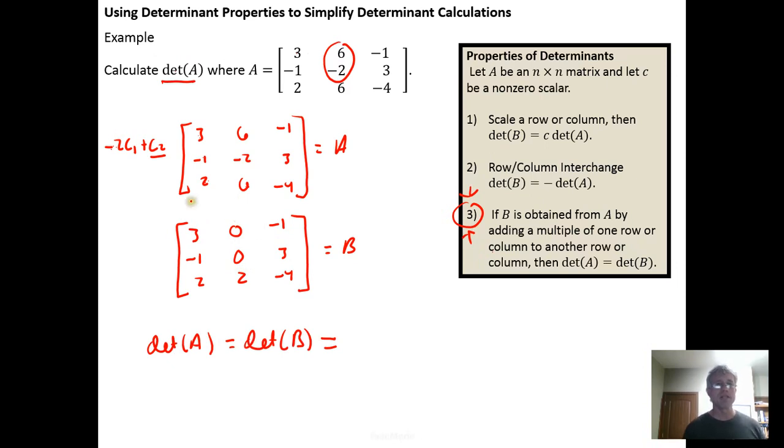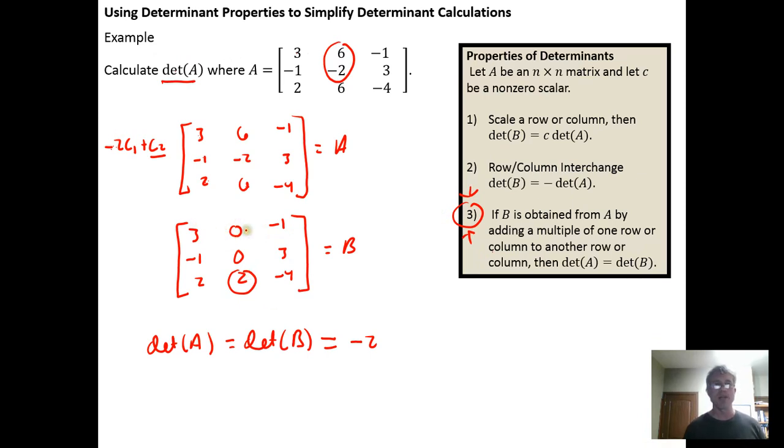Remember that the cofactors alternate signs, starting at positive, negative, positive, negative. So we know we're going to get a negative in our cofactor expansion, and it'll be negative 2 times the element 2. When we're expanding with respect to column 2, we don't need to worry about the first two elements, because 0 times a cofactor plus 0 times a cofactor is just 0.